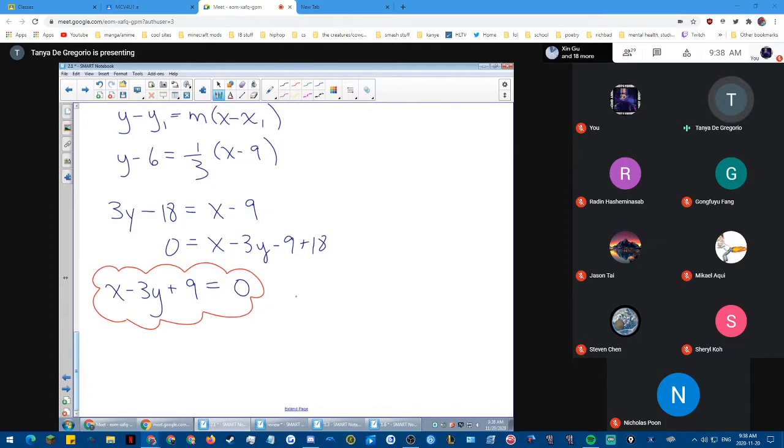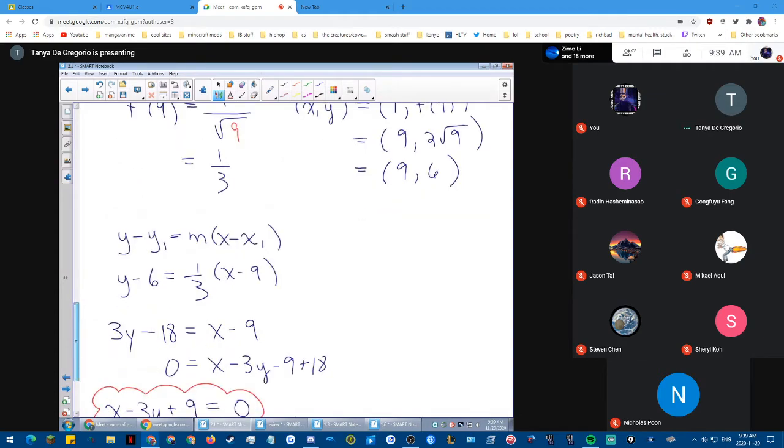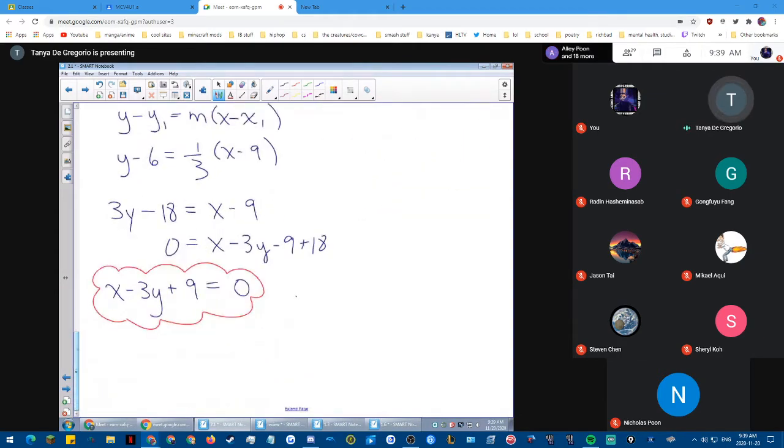Because you're looking for the equation of that tangent, right? When you're finding a specific equation, you have to use a specific slope. Are there any questions? So to find an equation, we find the slope. We got to get a point. Once you have a point and a slope, you can plug into your point slope form.